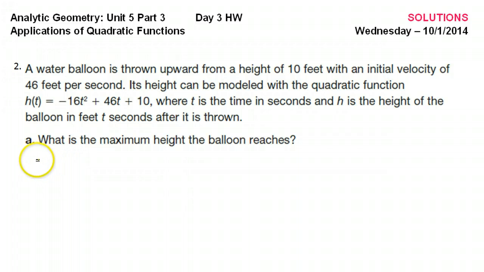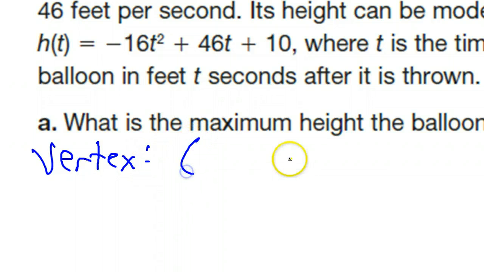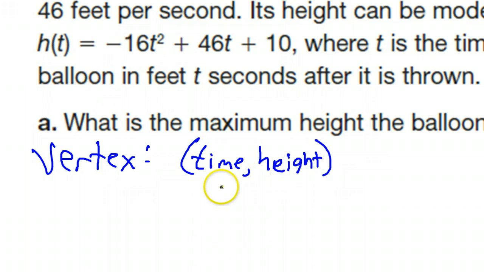Okay, so let me zoom in a little bit. We're looking for the maximum height, so that means we're looking for the vertex. Remember, the vertex is going to be time, comma, height. The way that we will find the time is we will do opposite of B over 2A.